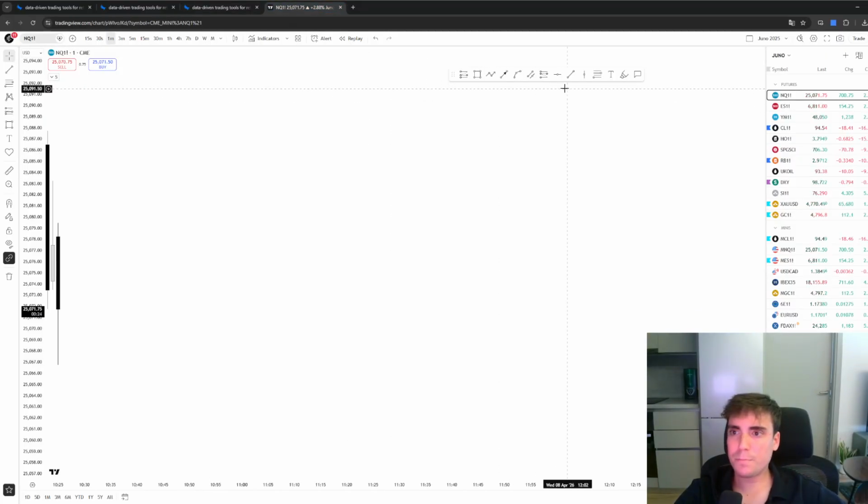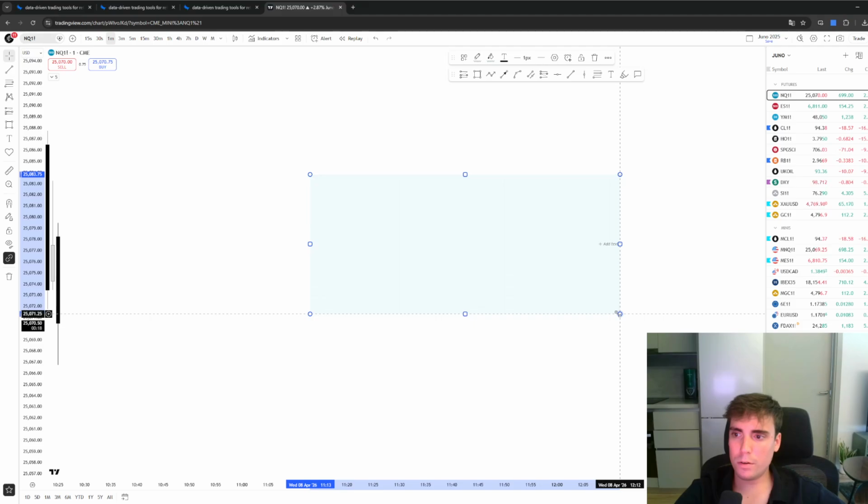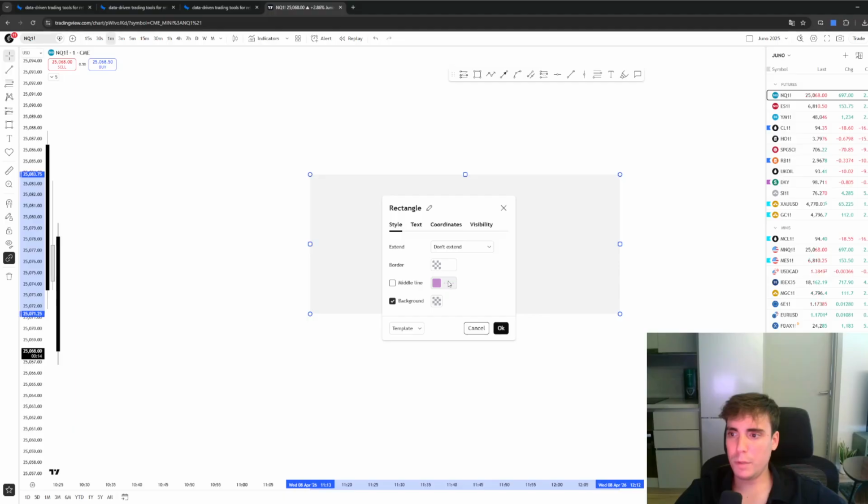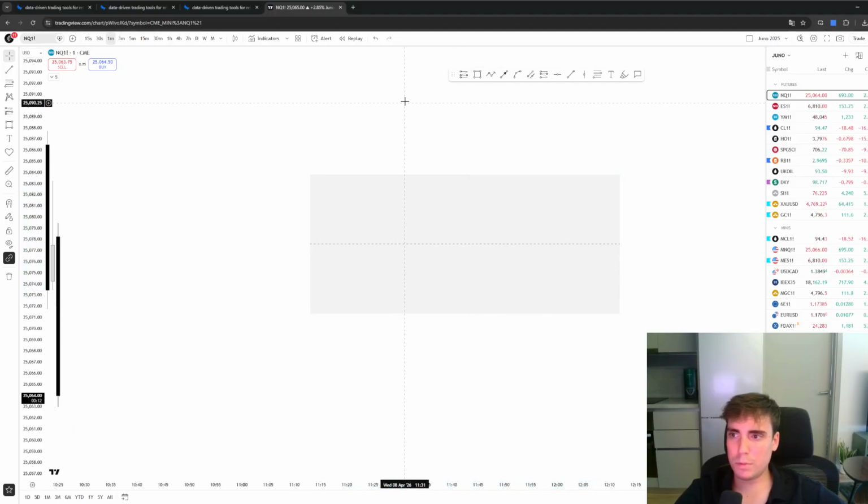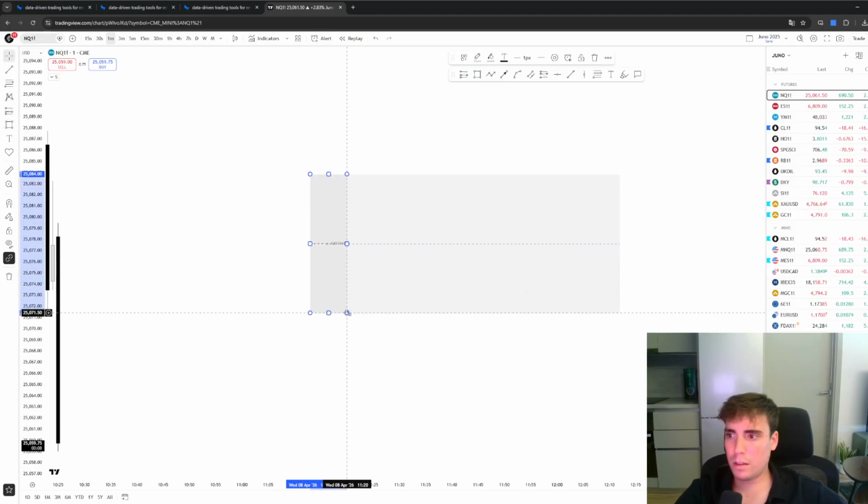But basically, here we go. That is going to be the initial balance, and then we have the midpoint that we're going to show up. So the initial balance is basically the first hour of the session.